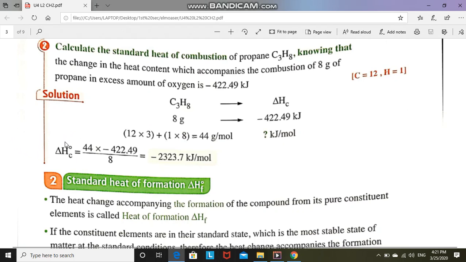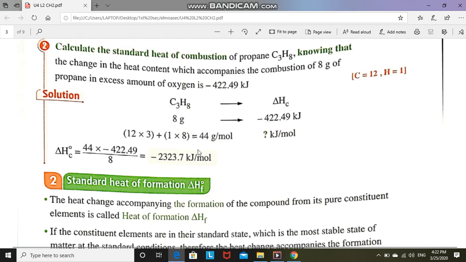We have the rule here, Q equals delta H times number of moles. So we have delta H here, Q over number of moles. Q, quantity of heat here 45.